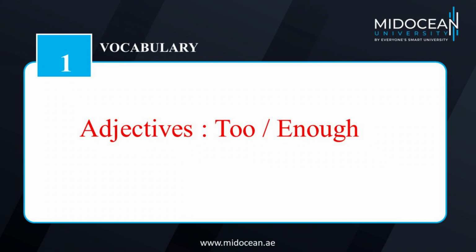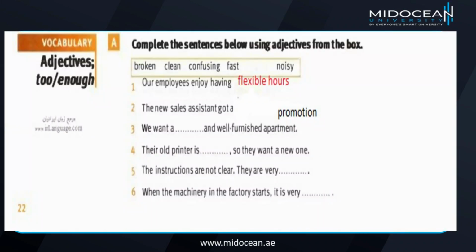Part 1, Vocabulary. Activity A. Complete the sentences below using adjectives from the box. The adjectives are broken, clean, confusing, fast, and noisy.